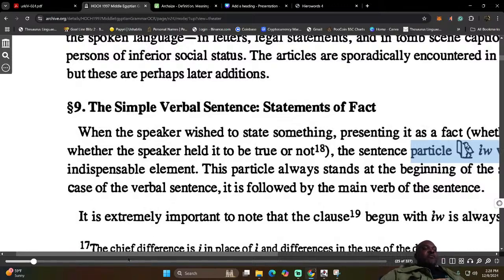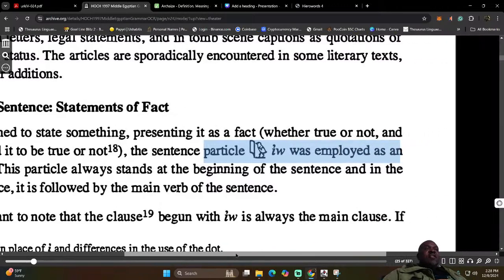All right, so we start. Another way to know it is it'll help you parse Egyptian sentences because you is only found at the beginning of the sentences. If you find it in what seems like the middle of a sentence, you know you messed up. That's a new phrase starting, a new clause starting, a new statement of fact, which would be a new sentence.